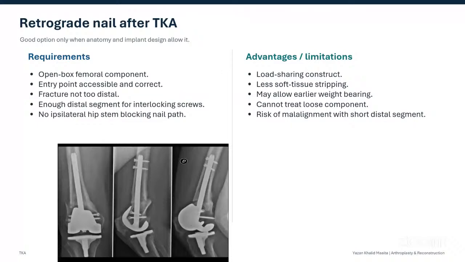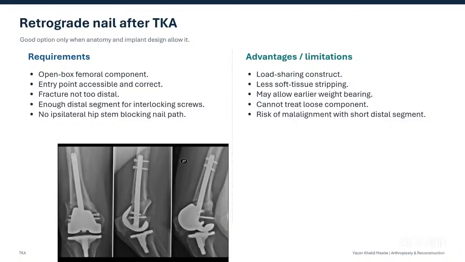Retrograde nail after total knee arthroplasty is a good option only when the anatomy and the implant design allow it. The requirements are an open box femoral component, and an entry point that is accessible and correct. The fracture is not too distal, with enough distal segment for interlocking screws, and no ipsilateral hip stem blocking the nail path.